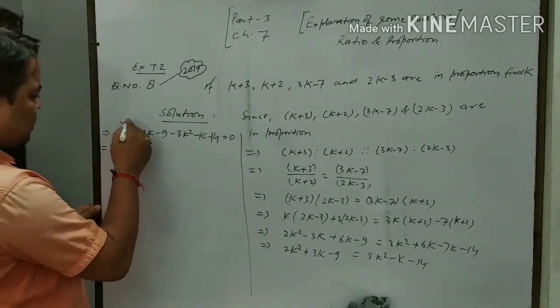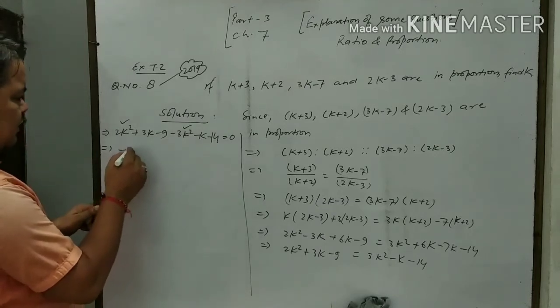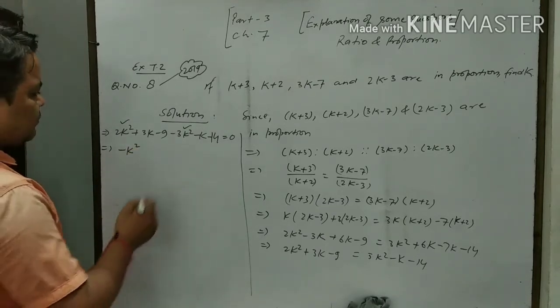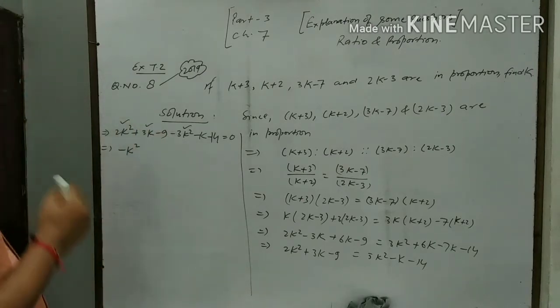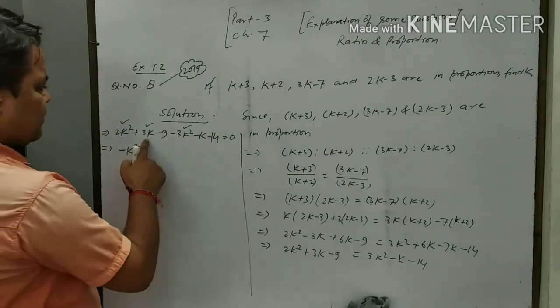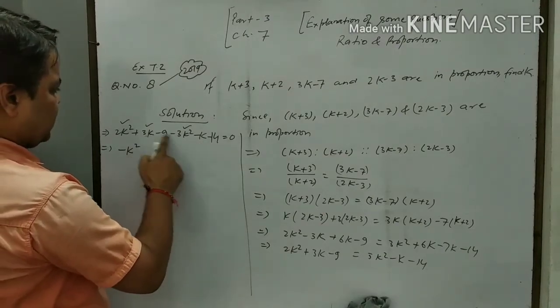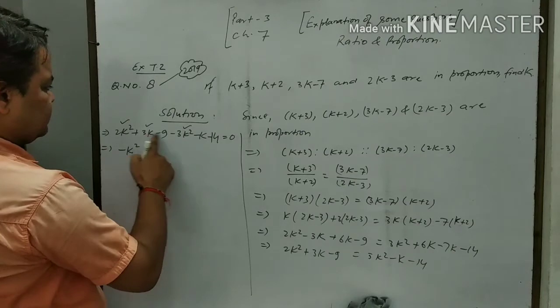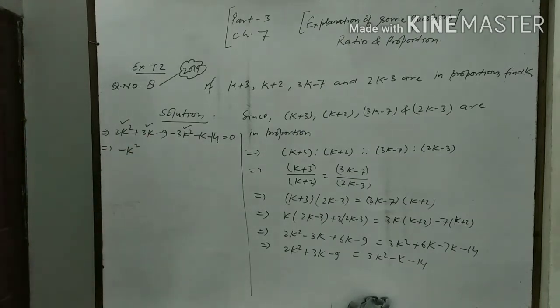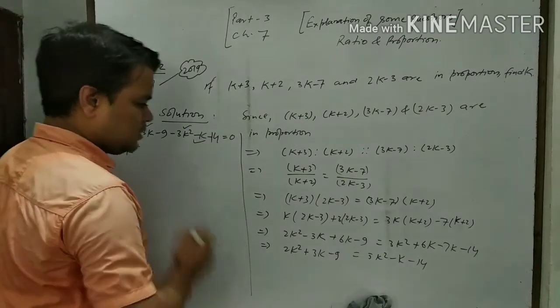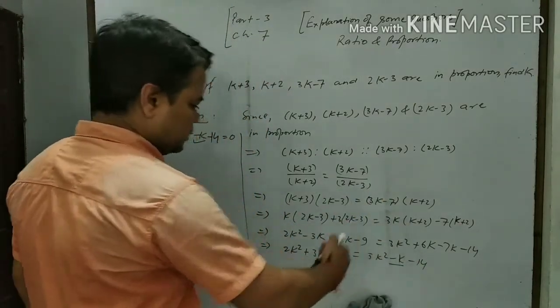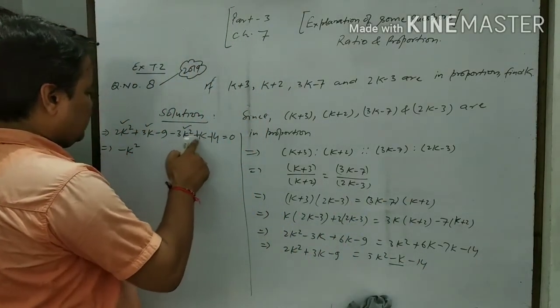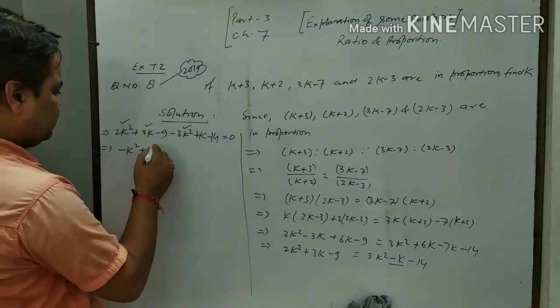Now here 2k square minus 3k square, finally it will be minus k square, and here 3k minus k. Since this is minus k, if we transfer it to the left hand side it will be plus k, and then 3k plus k will be plus 4k.